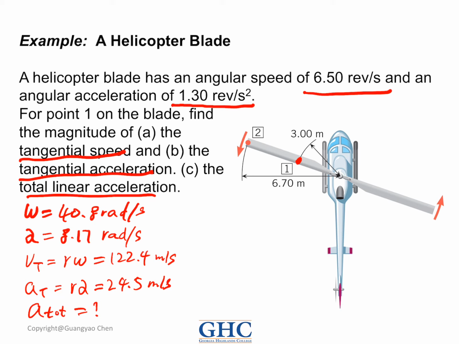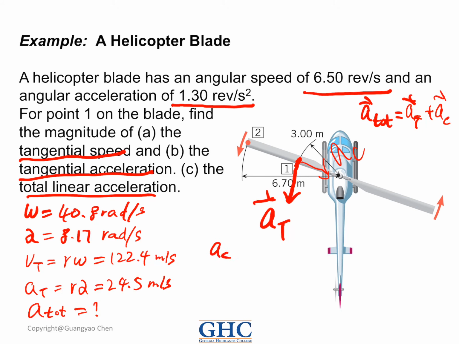And what's that? Total linear acceleration means that at this point you actually have two distinct accelerations. This is the tangential acceleration, tangent to the circle, and then you should also always have centripetal acceleration, and the total should be the vector sum of tangential acceleration plus centripetal acceleration.